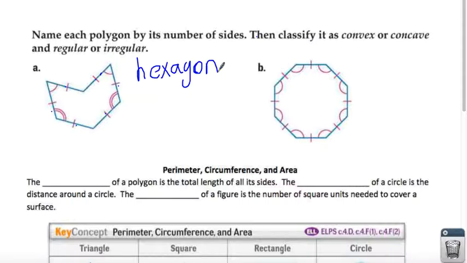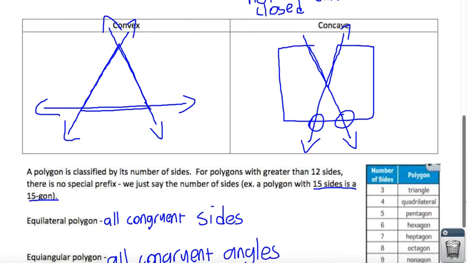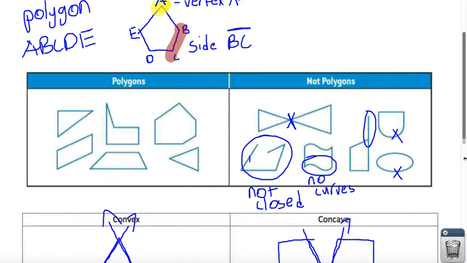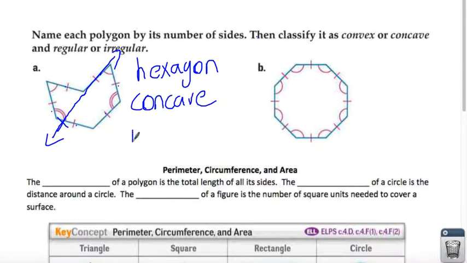It's going to be concave, because notice if I extend this right here, then it intersects the polygon again. That makes it concave. And because it's concave, it can't be regular. Because notice up here we said a regular polygon has to be convex, right? So it's going to be irregular.